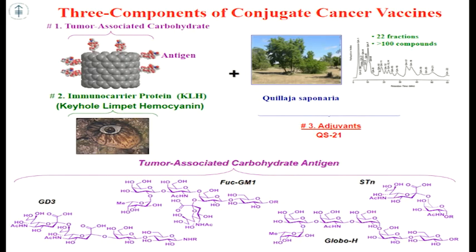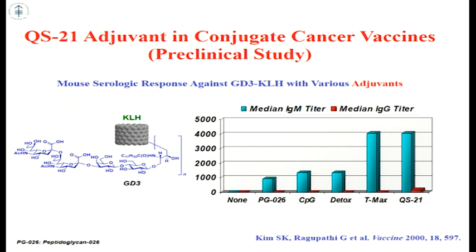Then Dante Marciani's group isolated QS21, and they contacted Memorial Sloan Kettering Cancer Center to test it in cancer vaccines along with our vaccines. We picked one antigen, GD3, which is abundantly expressed on melanoma. We conjugated it with KLH and compared QS21 with the other commonly available adjuvants at that time.